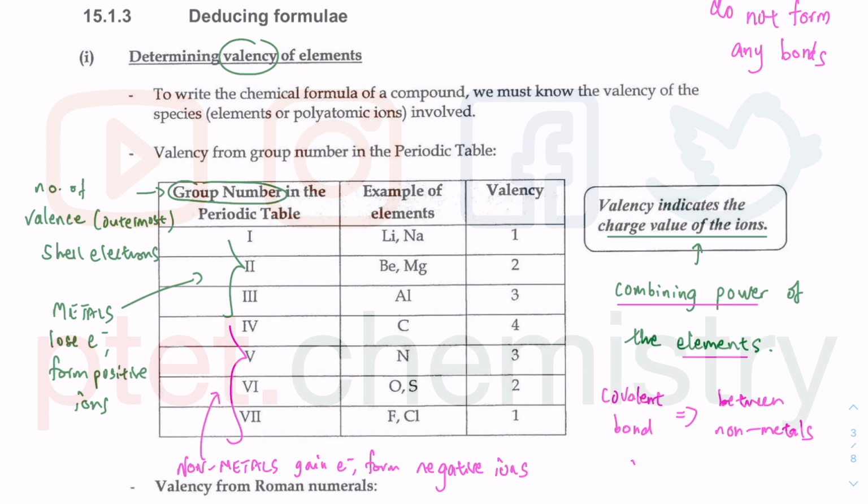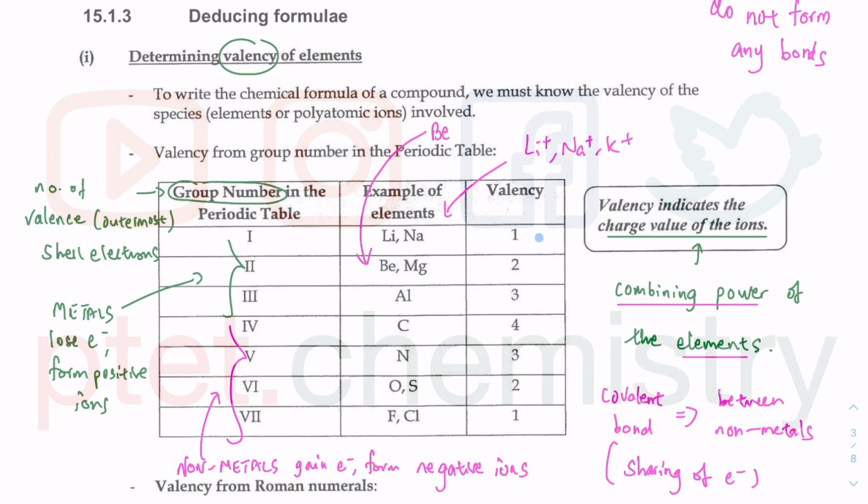If we look at group 1 metals, they have a valency of 1 because they have one electron in the outer shell to be lost, so you get things like Li+, Na+, and K+. Metals lose electrons and form positive ions.